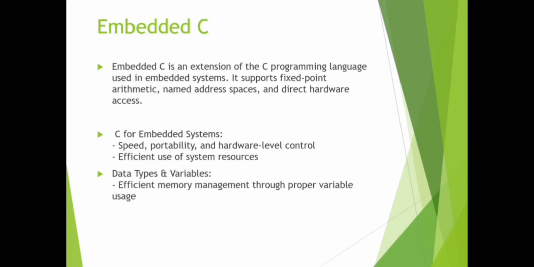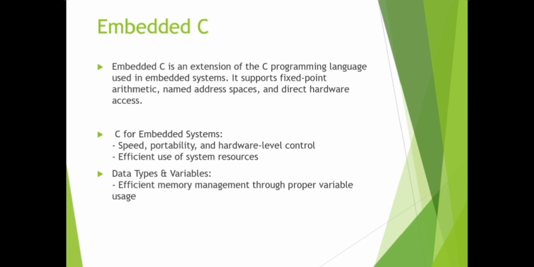Here, let's see how we use C in our project. Variables and data types let us store data in memory efficiently, like the current stage or button state. Pointers allow us to access specific memory locations such as hardware registers for input-output pins.